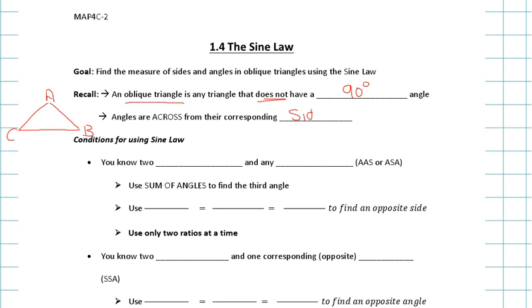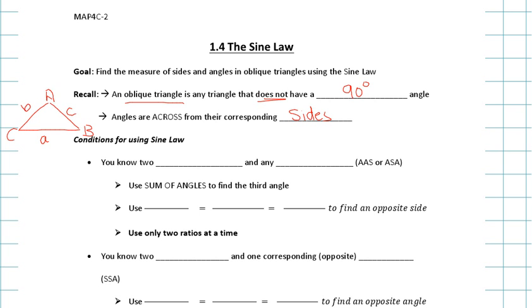This side is A, and then we call it with a small letter a. This side is b, and this side is c. When we're talking about oblique triangles, we don't have hypotenuse, opposite and adjacent. There's no such thing as that. We only go with the letters that correspond to the angle.